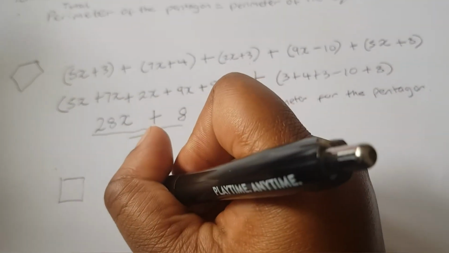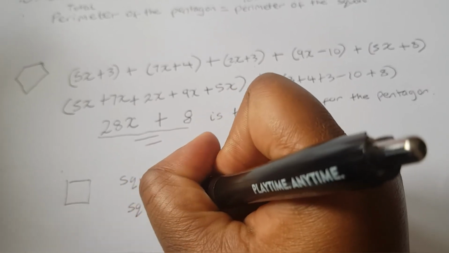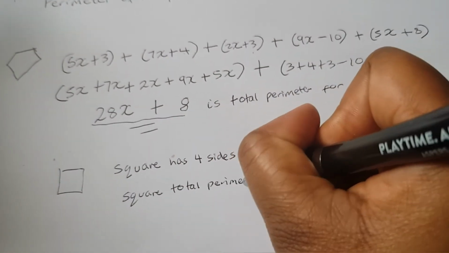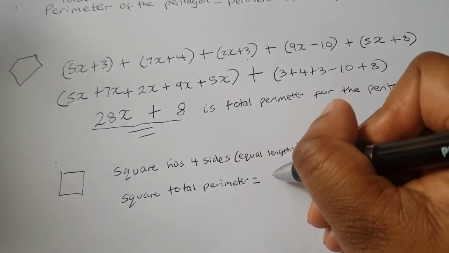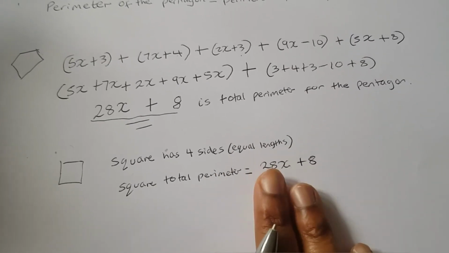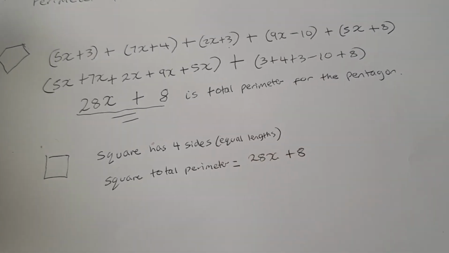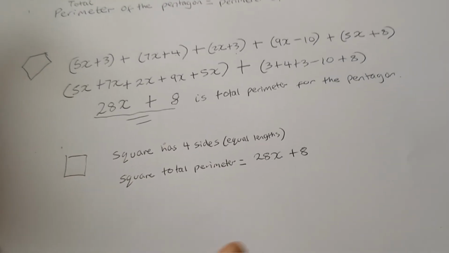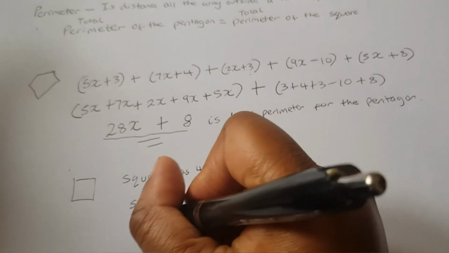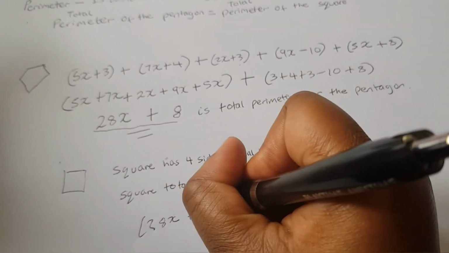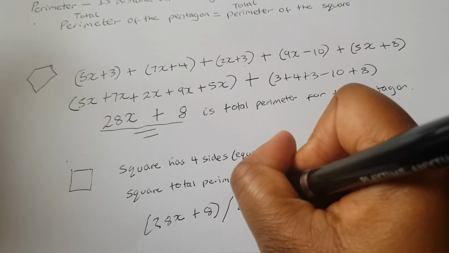So the square's total perimeter equals 28x plus 8. We want to divide that by 4 to get one length, as there are 4 sides in a square. So I'm going to do 28x plus 8 divided by 4.